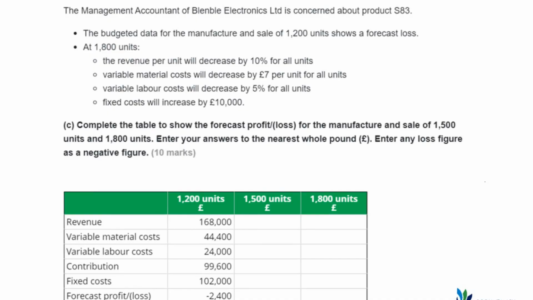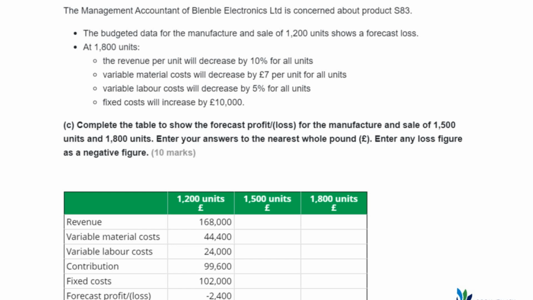The next question then, we have another product in the same company, S83, and we're given some various information about the product, and we're told that they're quite concerned about the product as sales of 1,200 units show a forecast loss.